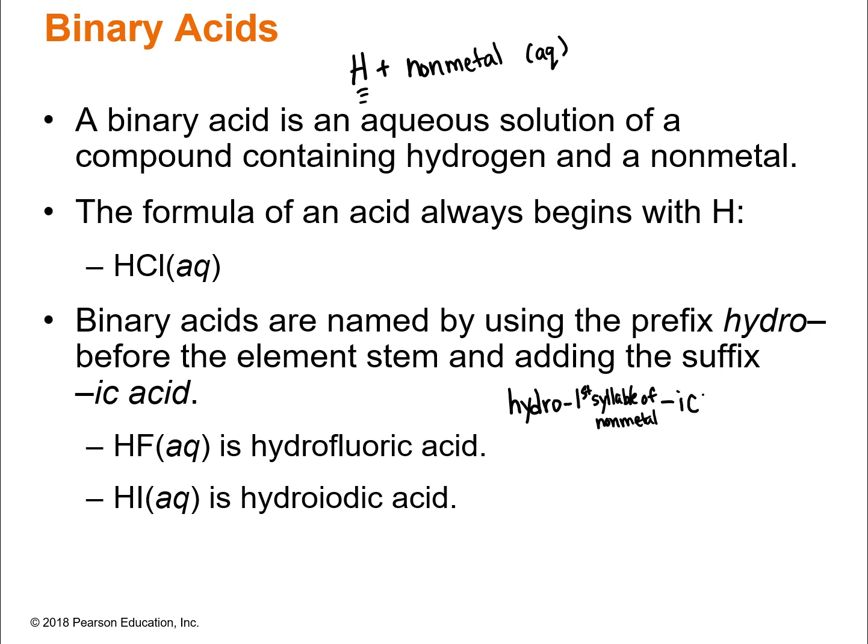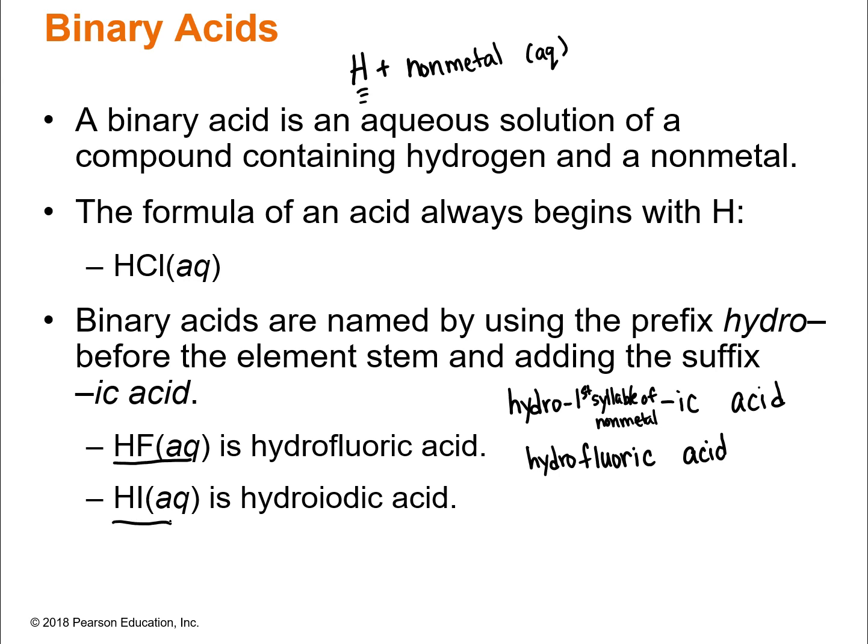Then you sandwich that between IC and write the word acid. So HF, you would write hydro. The first syllable of fluorine, which is the parent atom, is fluor. Sometimes I write it backwards and write flower. You're not alone. It's okay. Then you follow up that root with IC, and write acid.